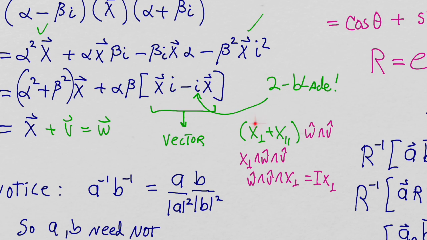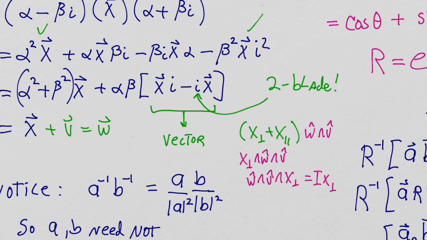okay, so this perpendicular part with W wedge V, well, it's x perpendicular wedge W wedge V. We know that that's the inflation part. We already know that this product's contraction part will be 0 because x perpendicular is perpendicular to W, perpendicular to V, so all of the dot products involved in that geometric product will go to 0.